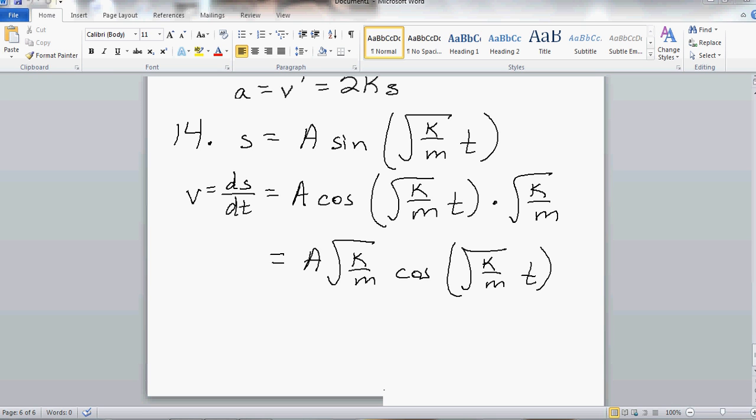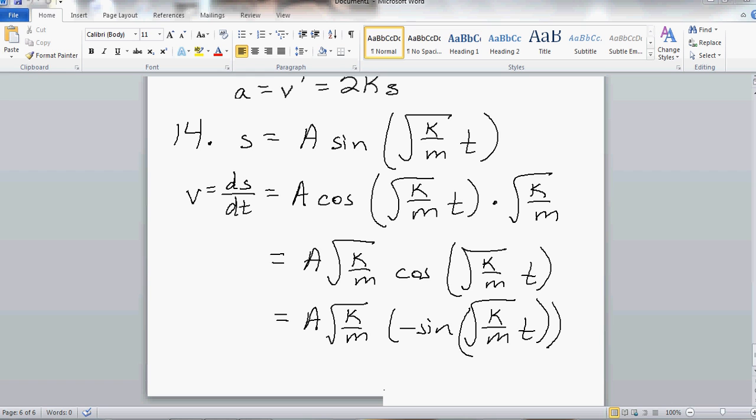This is a number, this is a number. So this doesn't really affect anything, but we still have an outside function, cosine, and an inside function there. So, once again, the numbers out here aren't going to be affected. The derivative of cosine is negative sine. Leave the inside alone. But now we have to take the derivative of the inside, which is the square root of k over m. Now let's see how that all affects everything.